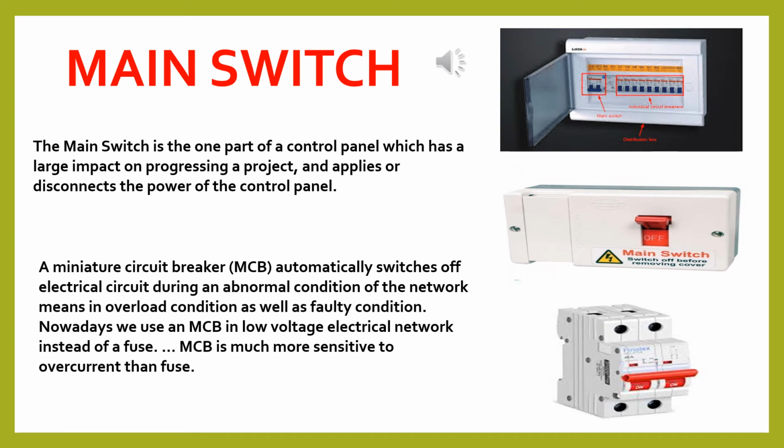Otherwise, anytime it may give shock. Now, this is not in your book, but it is very important from our everyday life. A term MCB, we always hear. Actually, what is this? MCB, full form of this, a miniature circuit breaker.